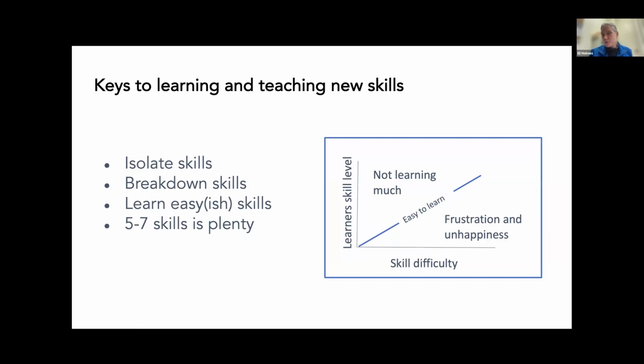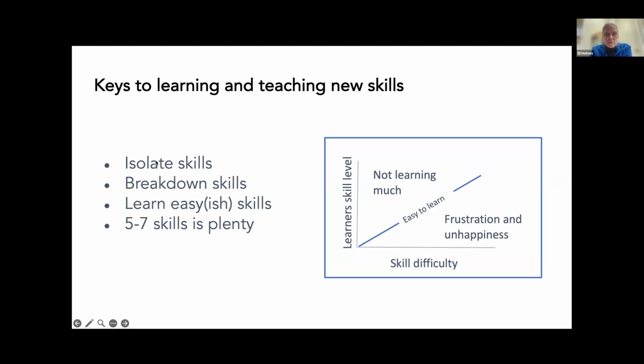You can still learn when you're bored, or maybe it's going a little slow for you. You can jump ahead. Nowadays, you can work on something else at the same time. But if you get into frustration and unhappiness, for your learners, or at least a fair segment of them, they just can't learn anymore. Okay, so how do you stay in this area and keep your learners out of frustration and unhappiness?